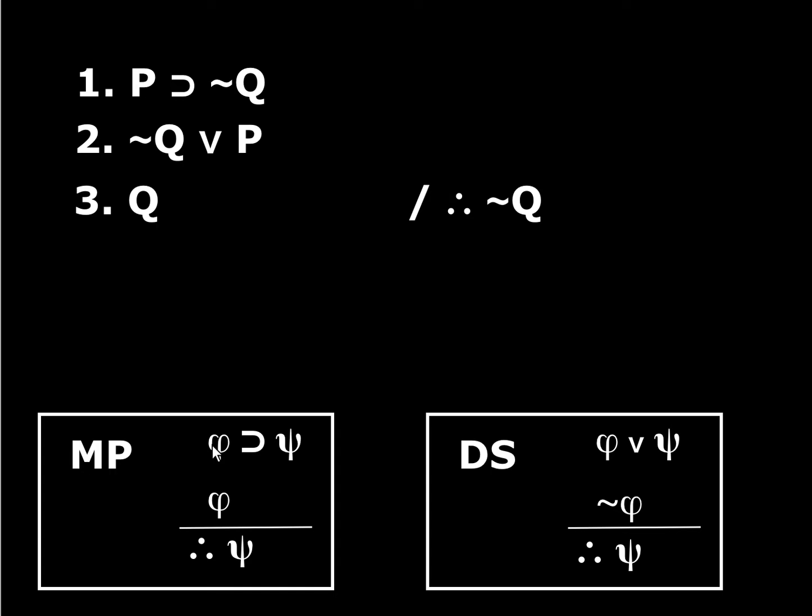Let's take a look. Can we use modus ponens? Modus ponens says we need two things. We need a conditional and we need the antecedent. Well, here's a conditional. If we had the antecedent, we'd be in business. The antecedent is P, but look, we don't have P on a line by itself anywhere. So we can't use modus ponens.